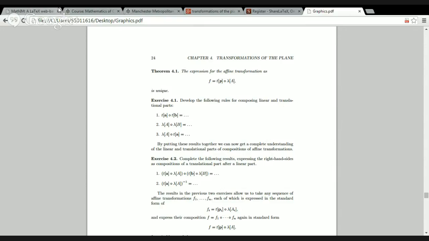Now that's quite a heavy restriction, okay? That restricts the possibilities, amongst all the functions from the plane to the plane.